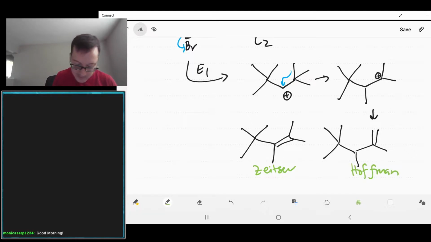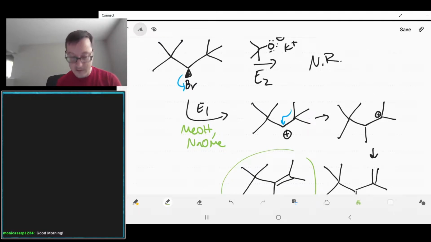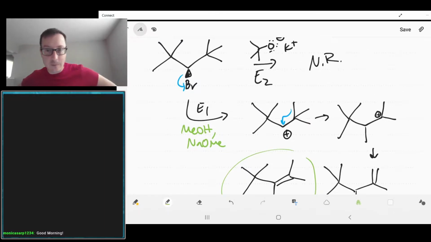With E1, if we use methanol and sodium methoxide, we're probably going to get this one far more than the Hofmann one. So with E1, we're going to get a whole mess of stuff. With E2, you won't get any reaction there. So it depends what conditions you use.